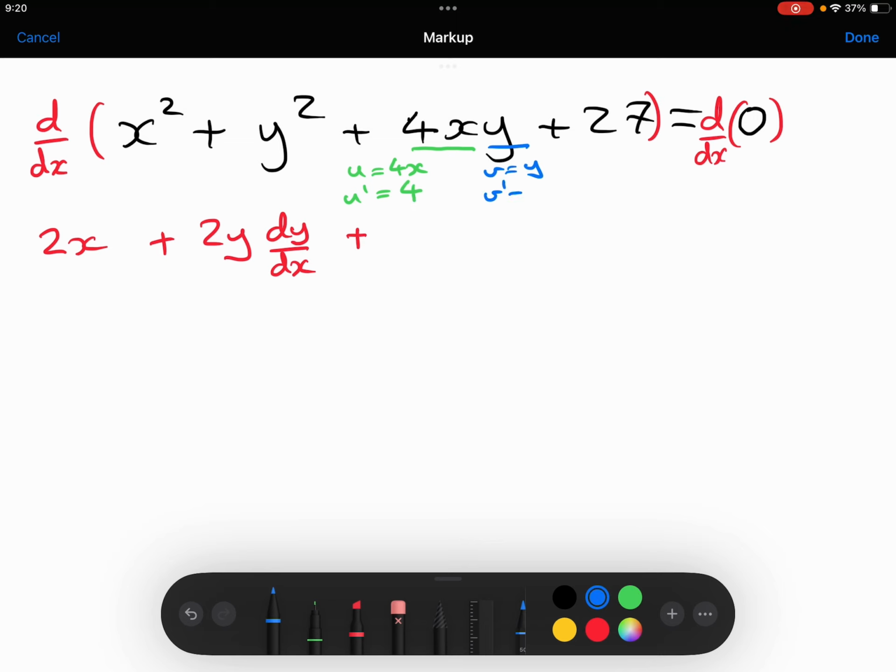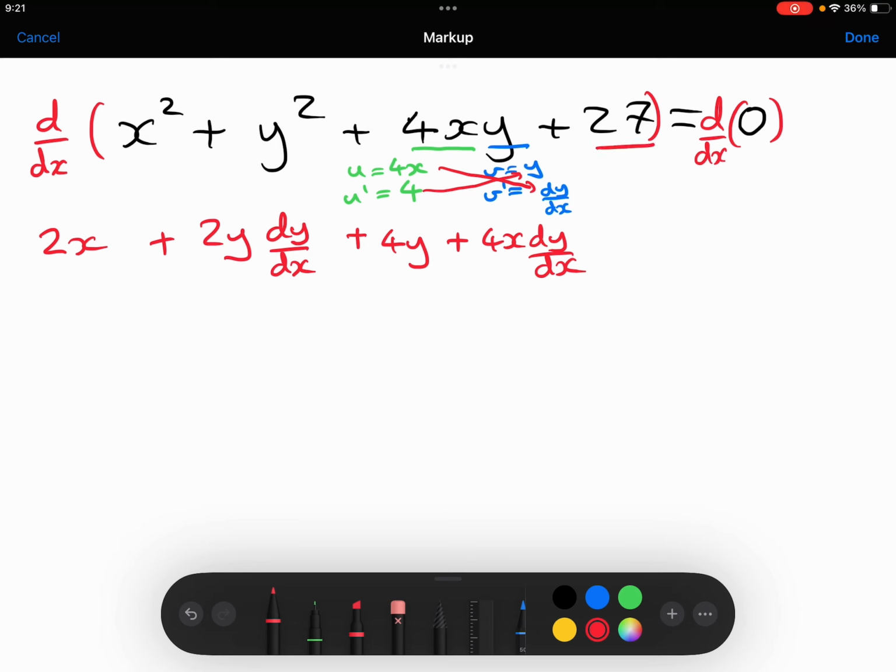Differentiating the y, well, if I differentiate it with respect to y, I get 1, and then I times by the dy by dx. And the 1 times the dy by dx will just be dy by dx. Applying the product rule now then, I've got the 4 times the y plus the 4x times the dy by dx. And there we go. So be really careful with the product rule.